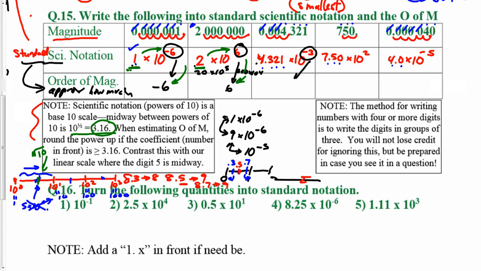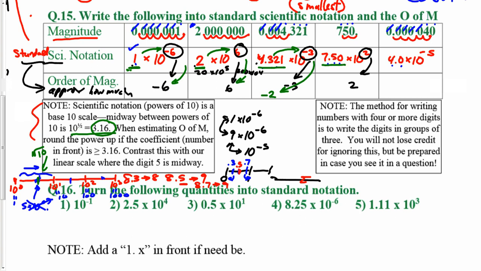But what about this next one here? If you just took the power, it's negative 3. But if you look at the coefficient, 4.321. Oh, that's bigger than 3.16. And that actually makes our negative 3 one power bigger. What's one power bigger than negative 3? It's negative 2. Look at the next one. This is 10 to the 2, so you say, oh, it's just 2. But you look at the coefficient.